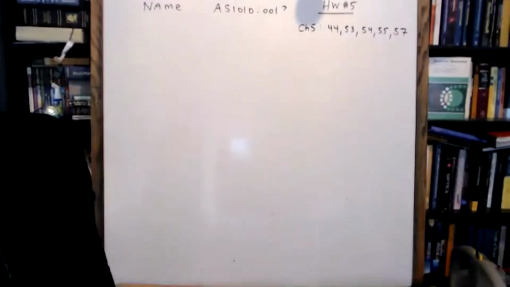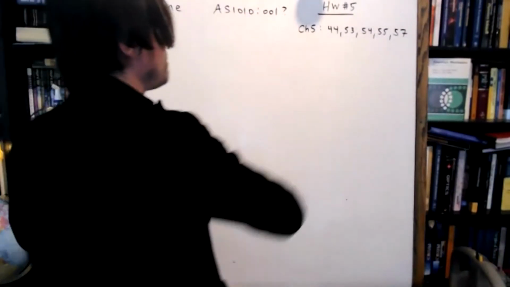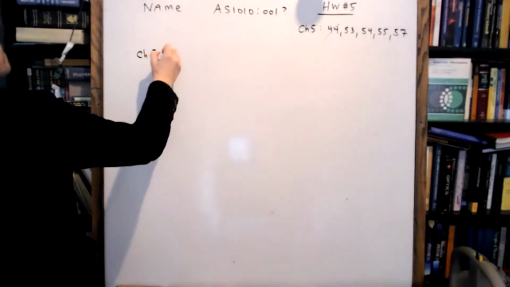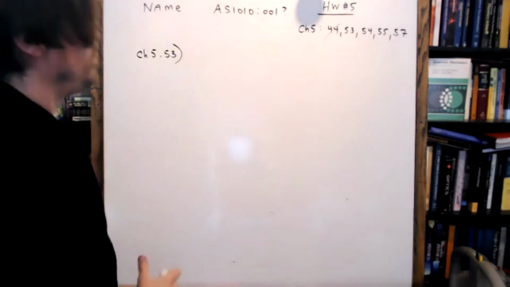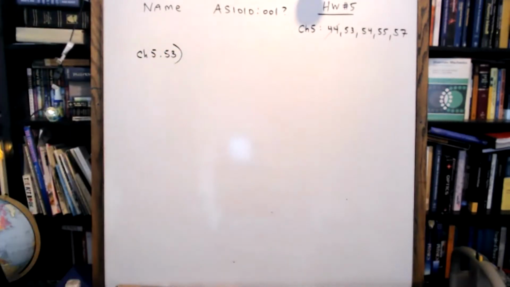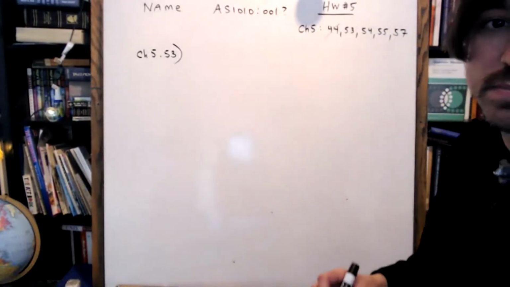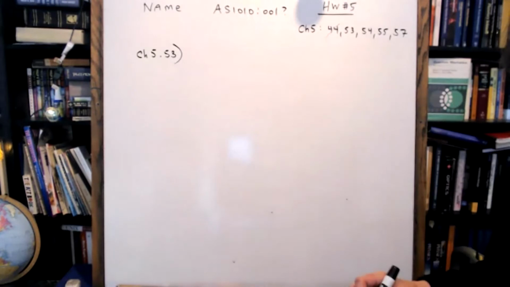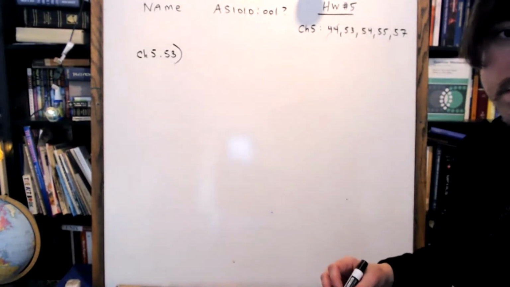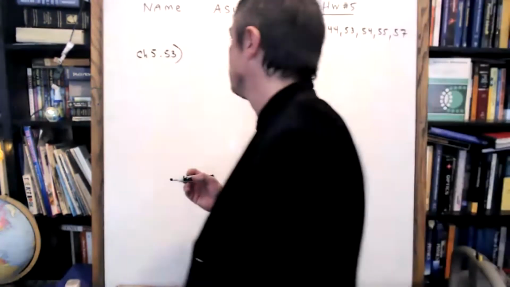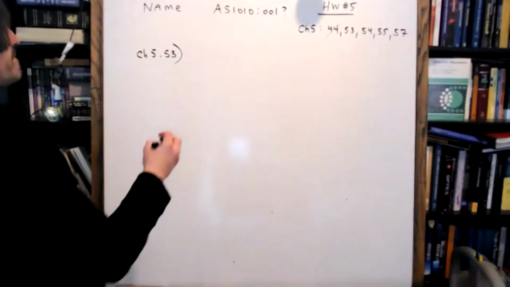Why don't you read the next question since you're on a crunch? Chapter 5, problem 53. Electric bill.